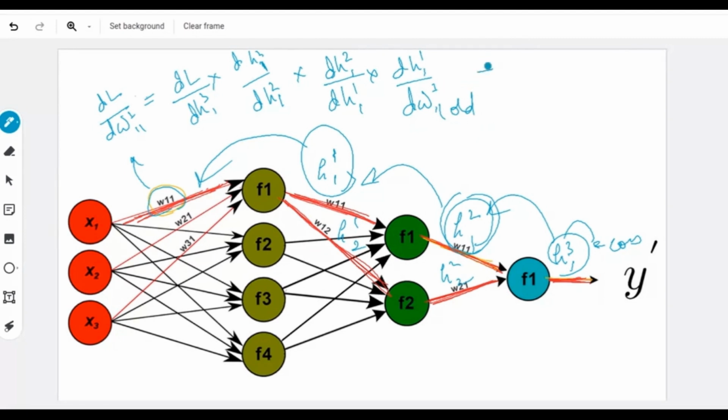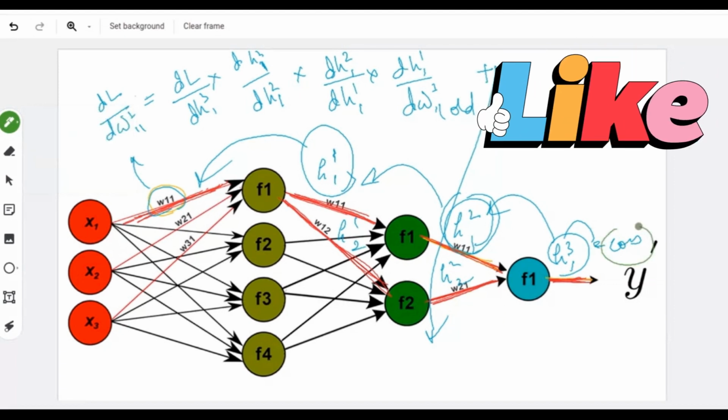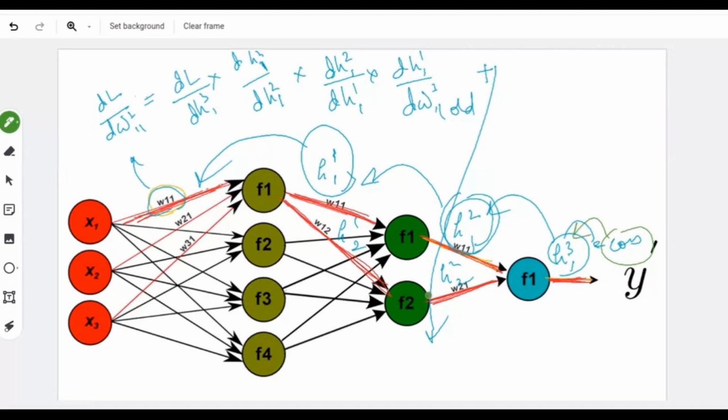But this is not over. We have to also add this path. So we have differentiation. Okay, let me make some space here. Okay, I'm just going to write this down here. Just take another pen. So you have the loss here. You have to differentiate it with this. This is the path.